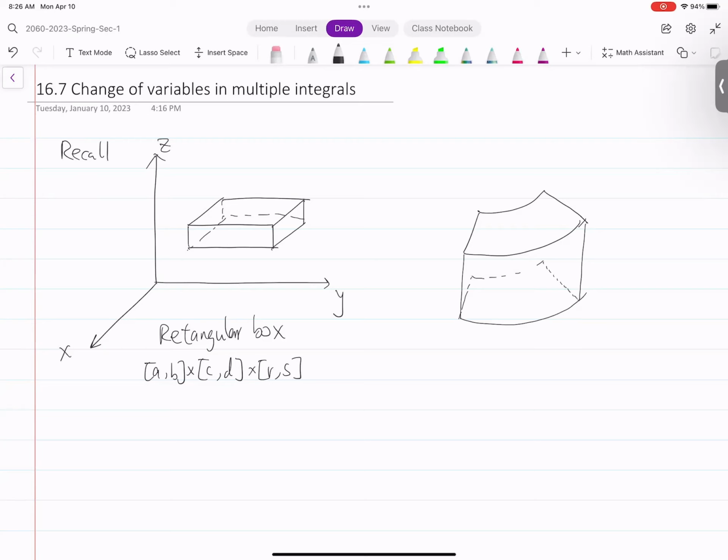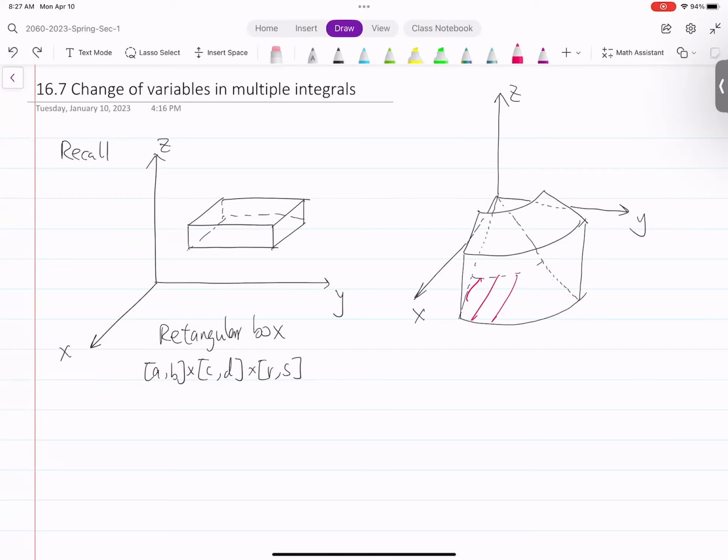But in terms of the xy plane in the horizontal direction, if you're looking at the bottom right here, this is exactly like a circular sector, right?